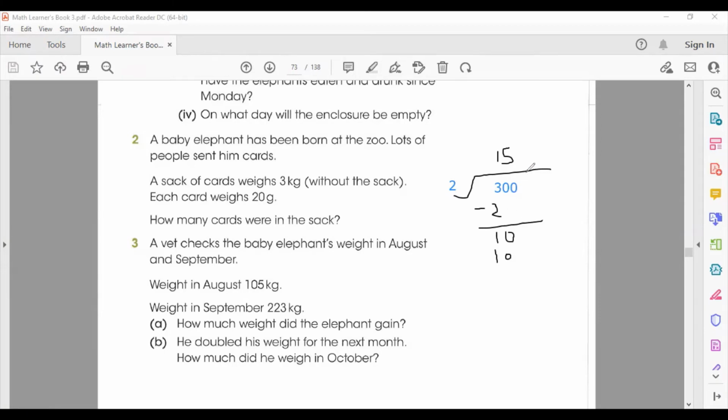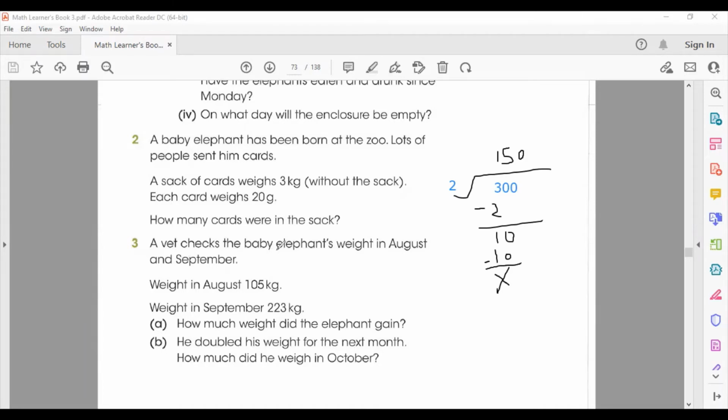So this is 0. We bring up, so 150 cards. Here nothing left, minus 10, 0. So how many cards were in the sack? 150 cards.